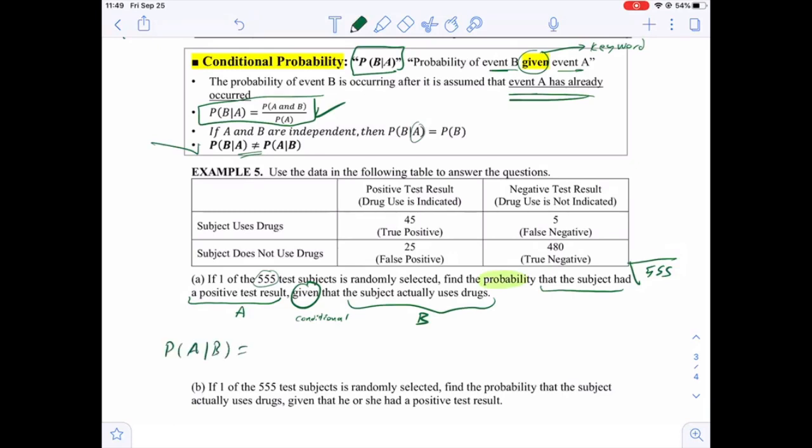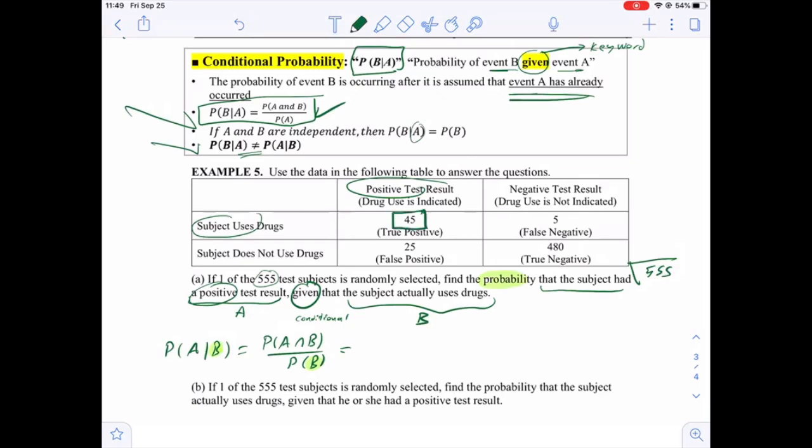Now, applying this formula, this is probability of A and B over probability of B, the probability of the condition event. Probability of A and B means the subject had a positive result and actually uses drugs.